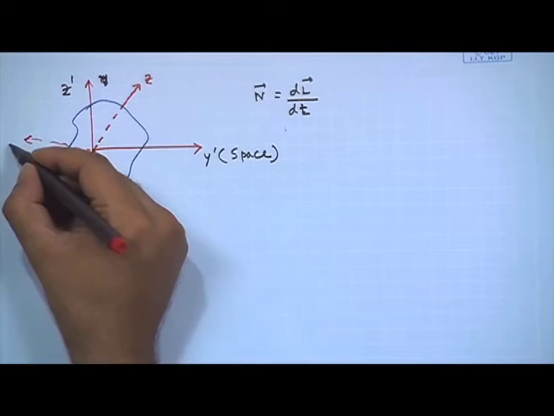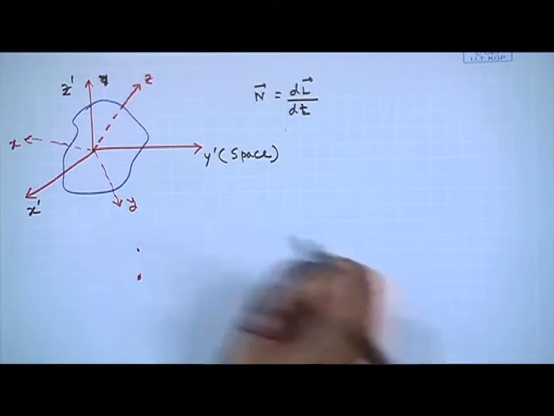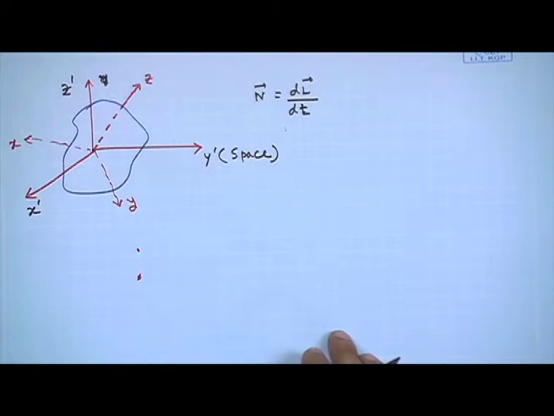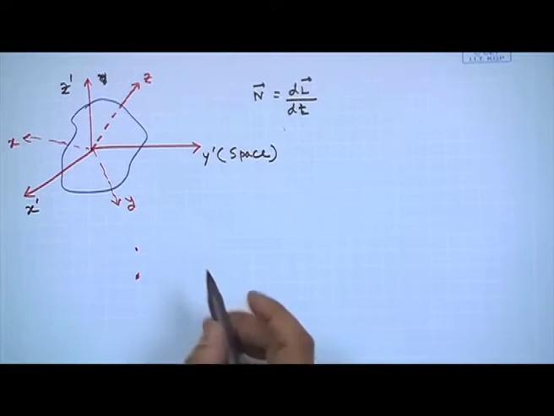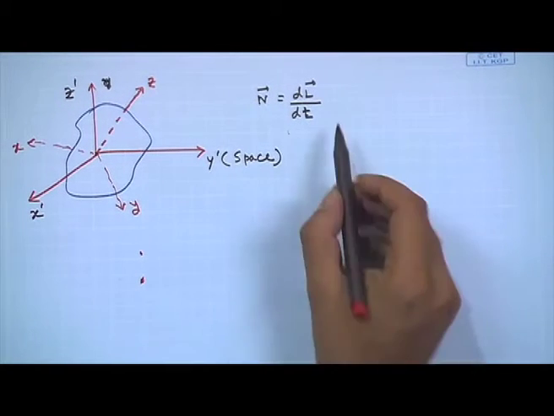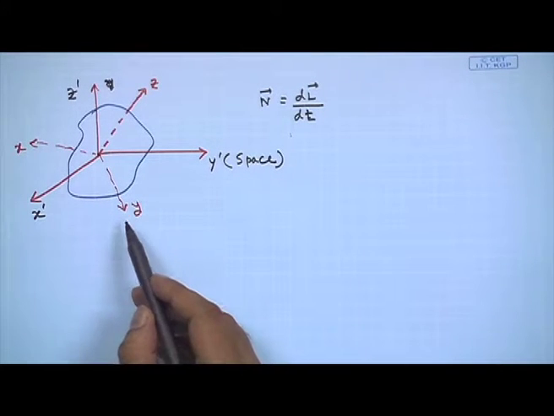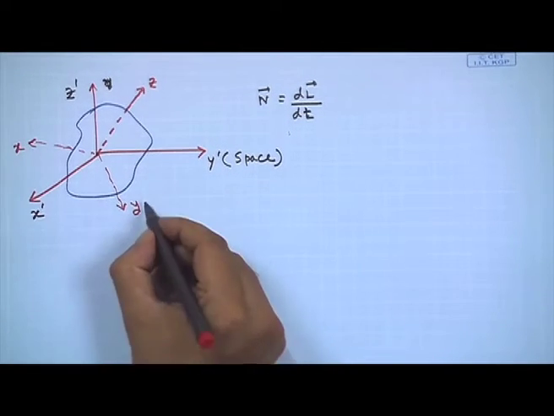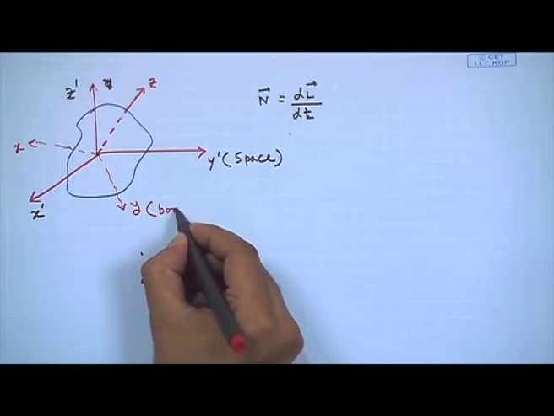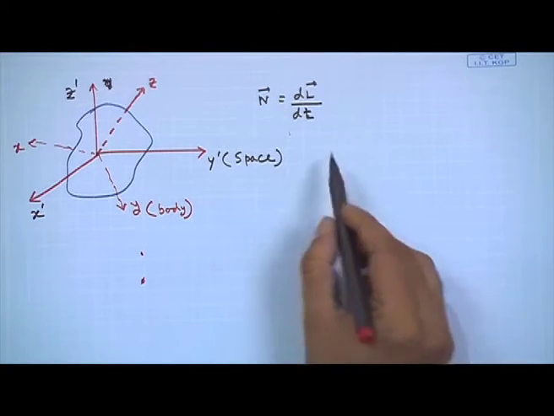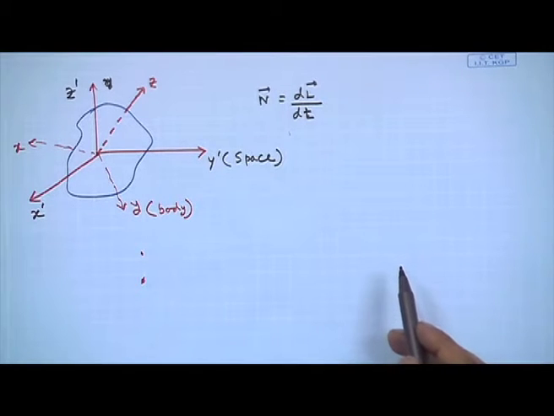So, we have x, y and z. Now, let us try to understand what will be the form of this particular equation in the reference frame which is rotating along with the body. So, that means we try to write this equation in the body set of coordinates.